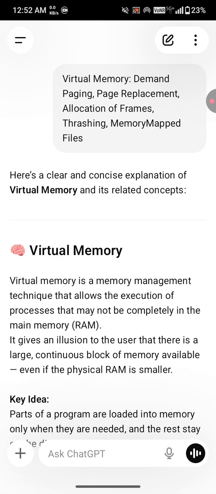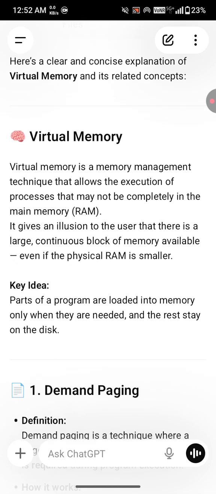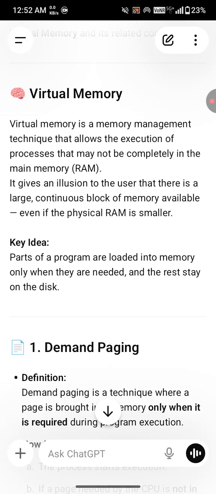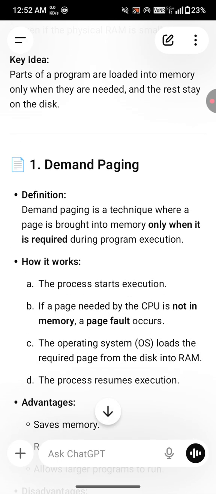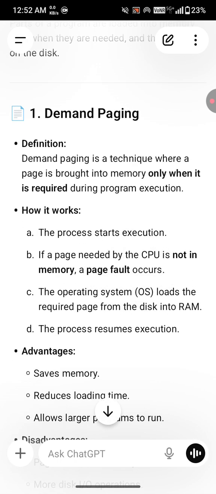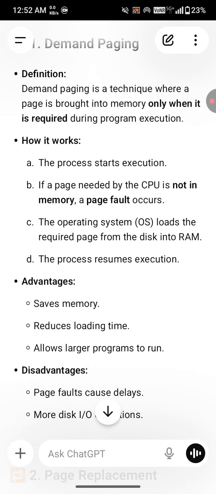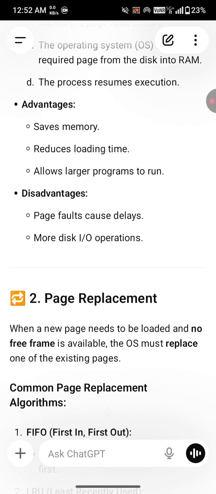So here I am just putting this syllabus in ChatGPT, and ChatGPT provides me some notes on the basis of this syllabus, meaning what is virtual memory and some key ideas of virtual memory, and after that demand paging, how it works, its advantages, disadvantages.